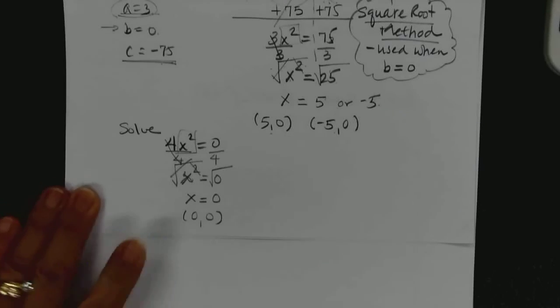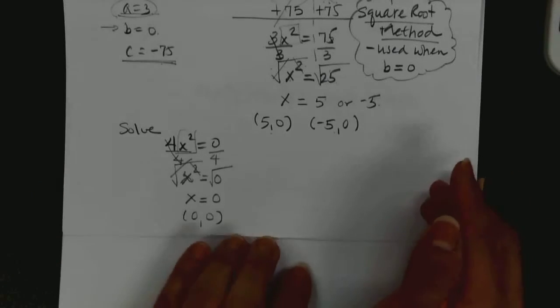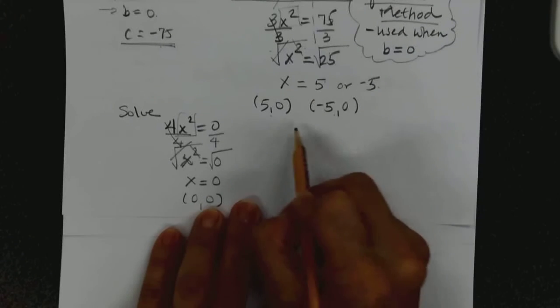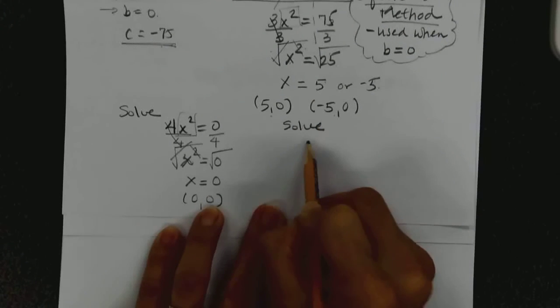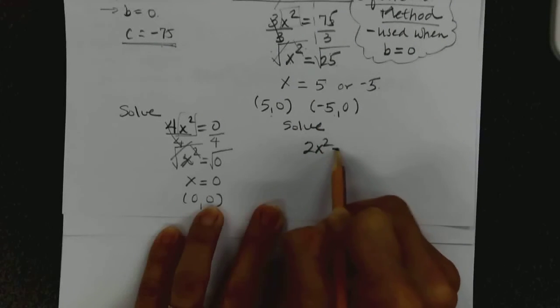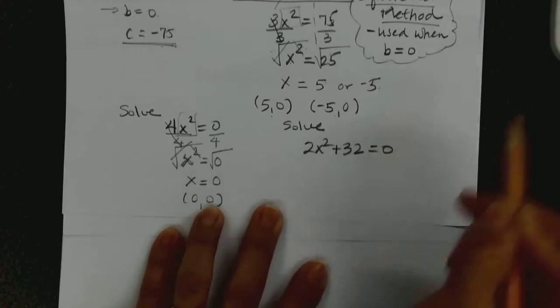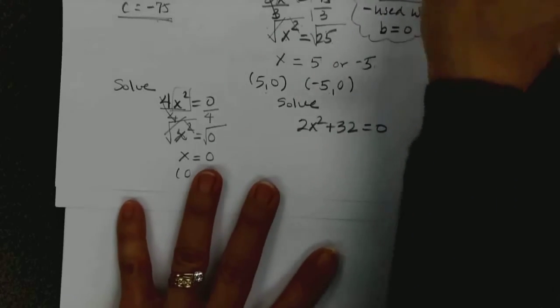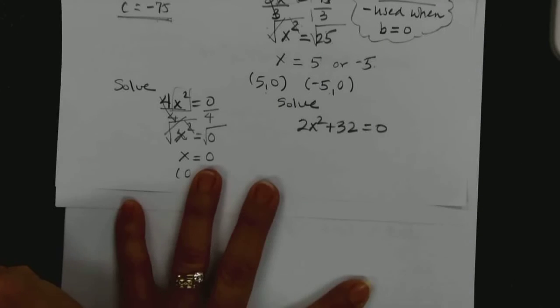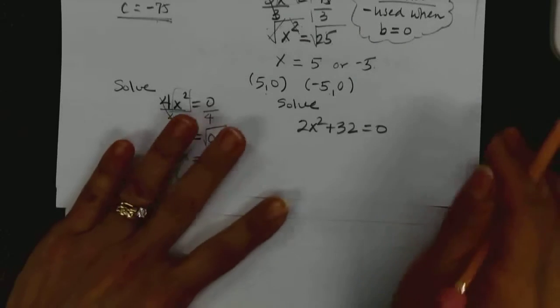Okay? Homework. What about this one? If I said 2x squared plus 32 is equal to 0. Looking at this, how many solutions should I have? None. Why? Let's prove why.